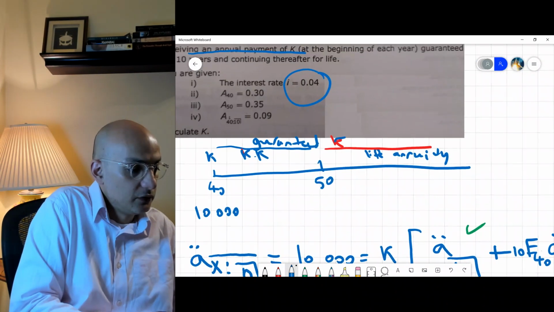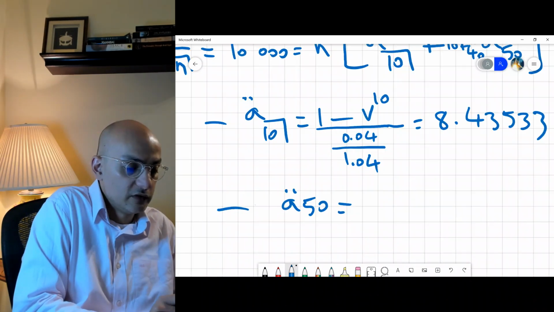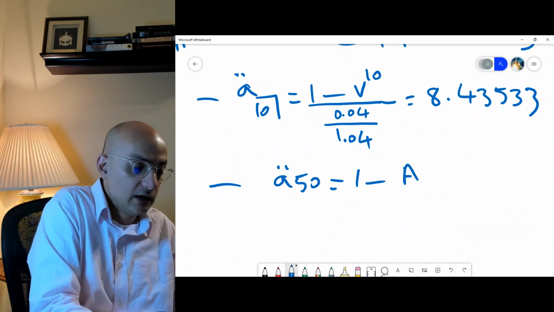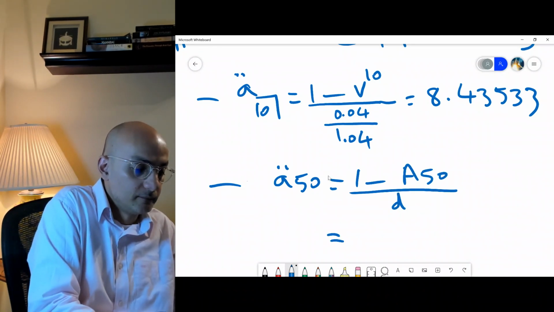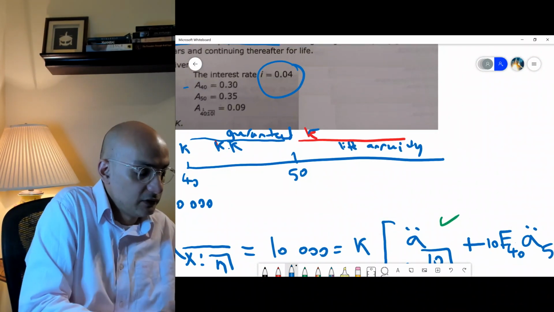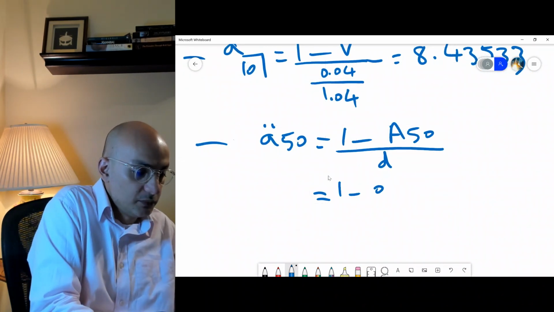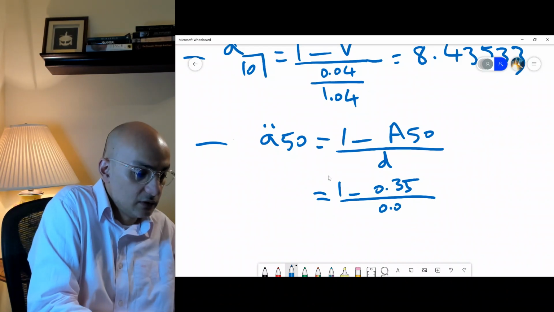For A50, we are given A40, which is good, because it's 1 minus A50 divided by D. What is A50? 0.35. 1 minus 0.35 divided by D, which is 0.4 over 104.